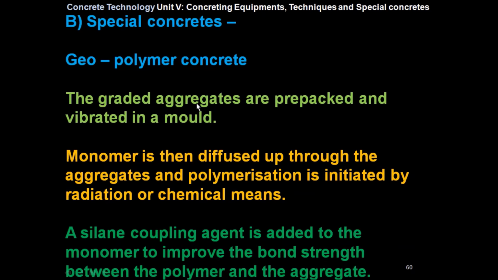The graded aggregates are prepacked and vibrated in a mold. Monomer is then diffused up through the aggregates and polymerization is initiated by radiation or chemical means. A silane coupling agent is added to the monomer to improve the bond strength between the polymer and the aggregate.